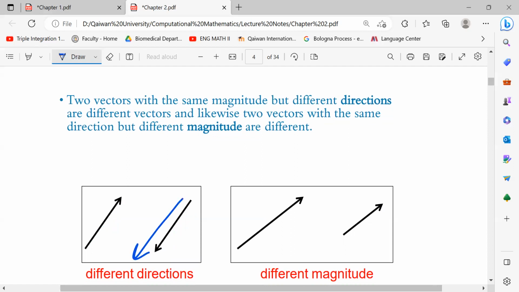This one is in this direction and that one is in that direction. Even though they both have the same magnitude or the same length, they have different directions. So those two vectors are different and not equal.